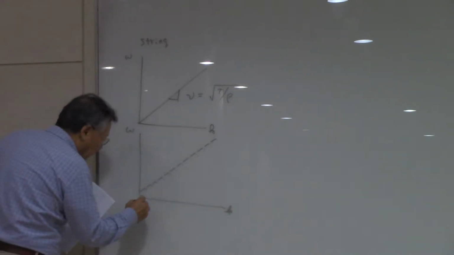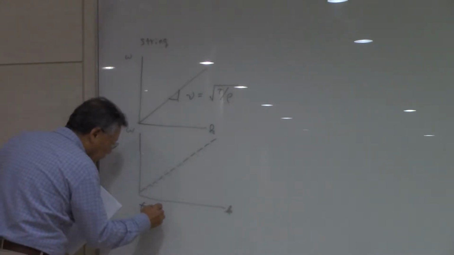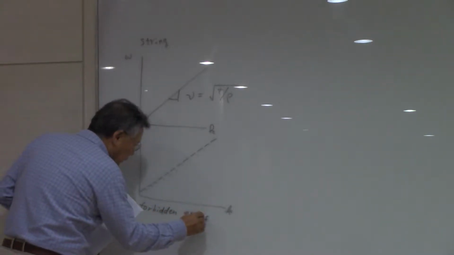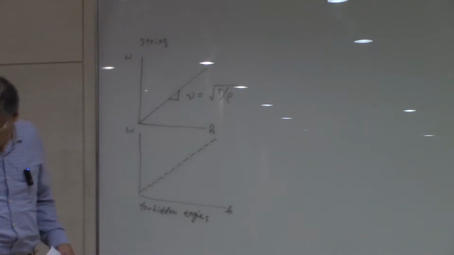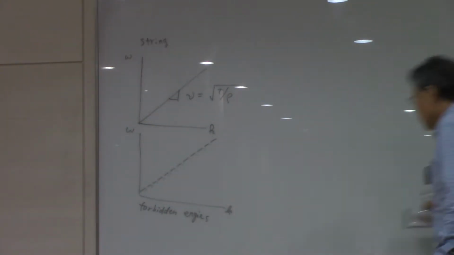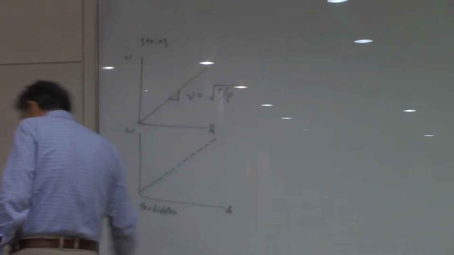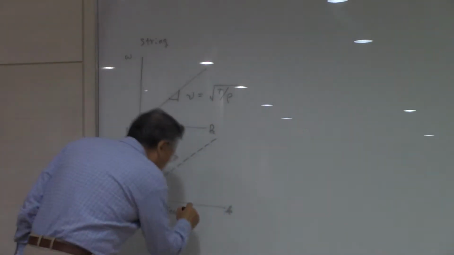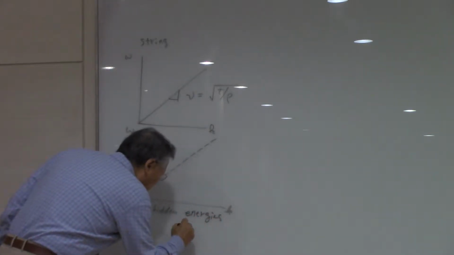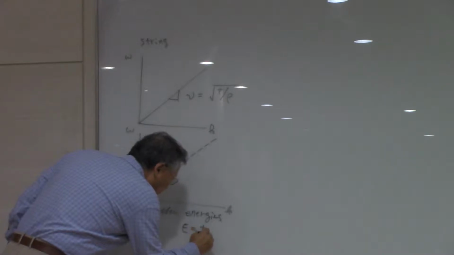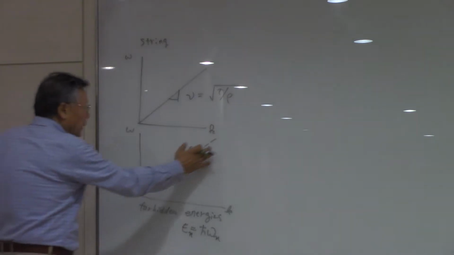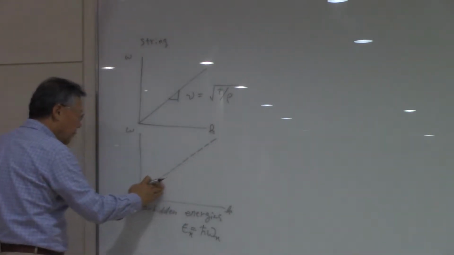So we do have forbidden energies. Energy is going to be h bar omega n, something like this, right? That's what we have seen last time.